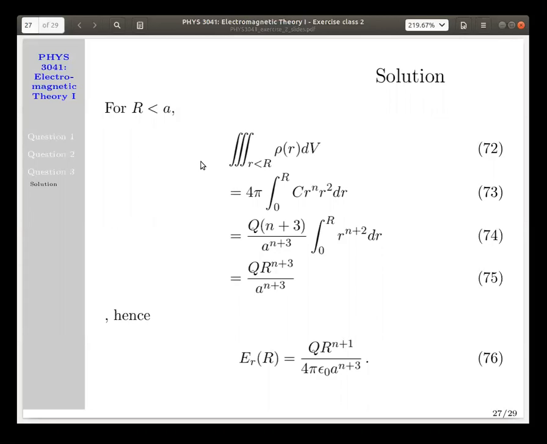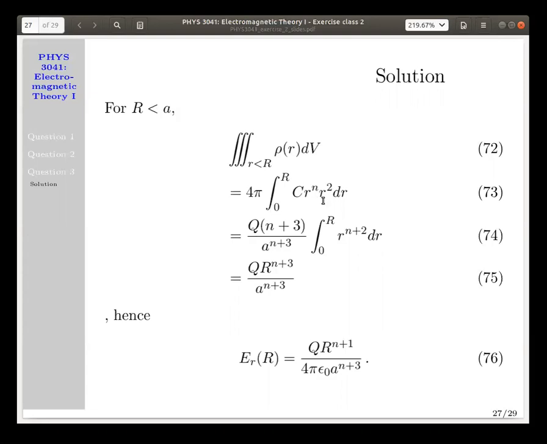Then inside the sphere, we do the integrations over a Gaussian surface inside the sphere. Then we will compute the charge contained in that surface.